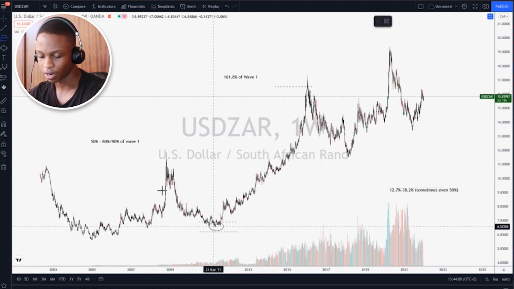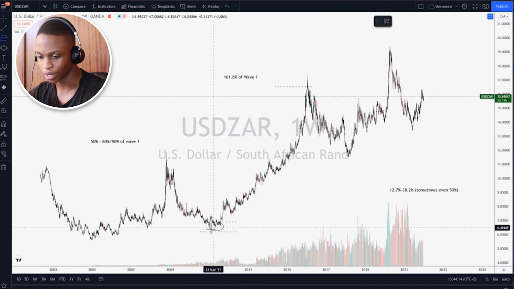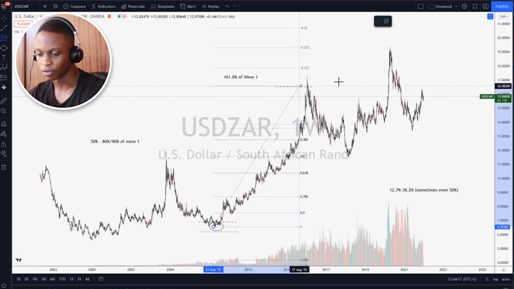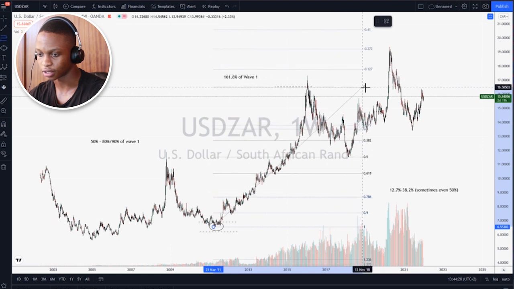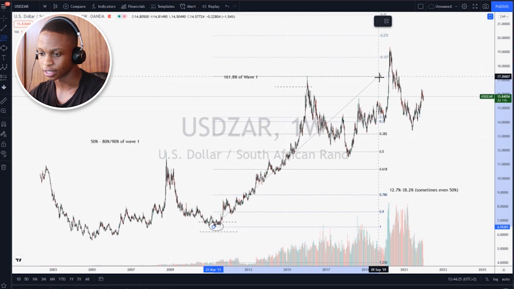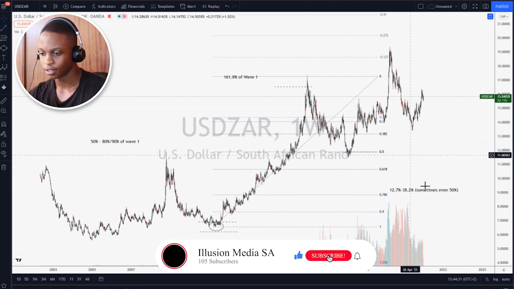I'm going to start my Fibonacci retracement tool because I am trying to determine how deep the retracement went. Start at the bottom of wave 2, top of wave 3, the chart itself, not the extension level, and we have a 50% retracement.